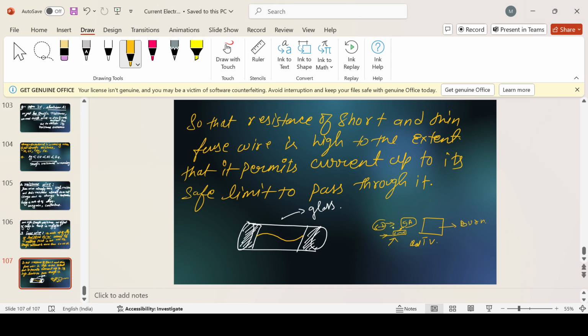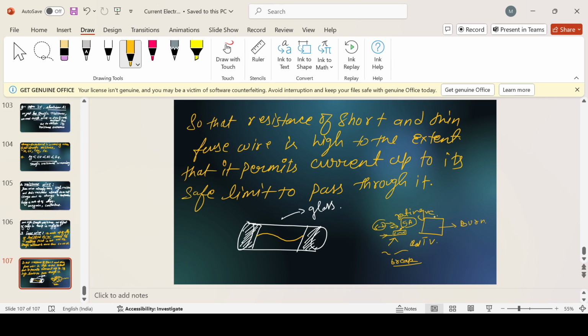Because if the temperature starts to increase, it cannot withstand it and just breaks itself.